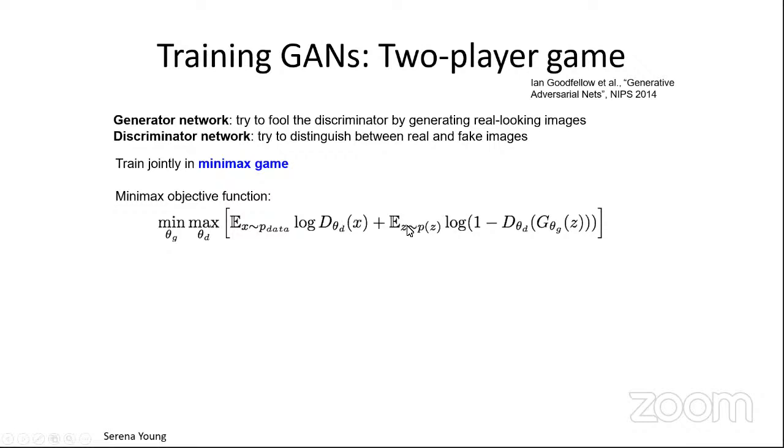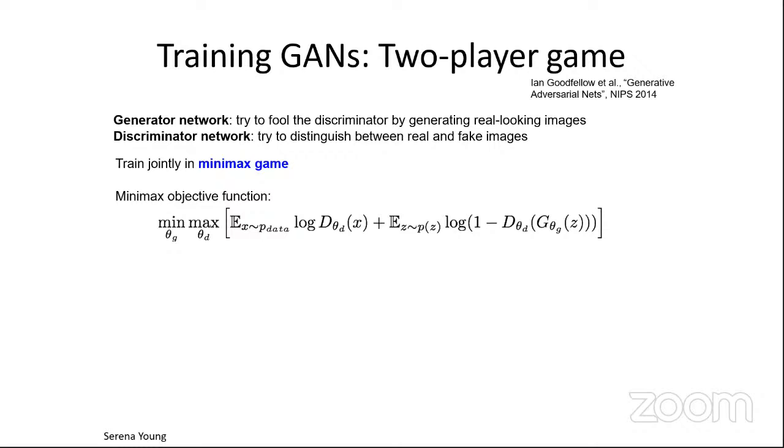Got it? Then look at the second term. Z is a codebook vector generated from some simple distribution, as I said. G of Z is an image generated by the generator when it receives Z as its input. D of G of Z is the feedback or score provided to that image by the discriminator. 1 minus D of G of Z is the inverse of that score, and log of 1 minus D of G of Z is basically the logarithm of that inverse score.